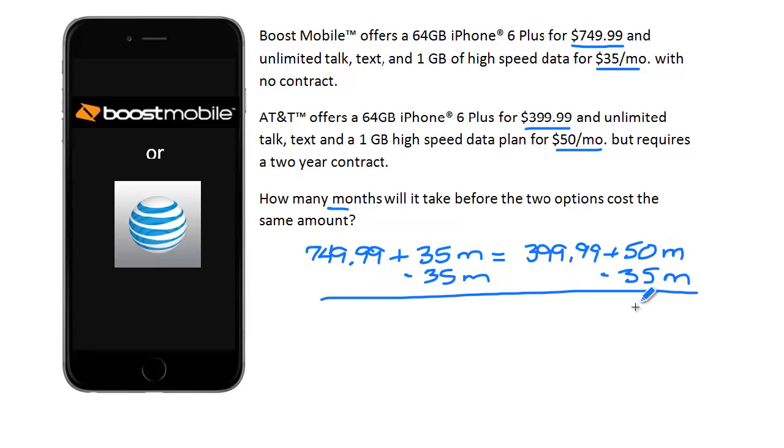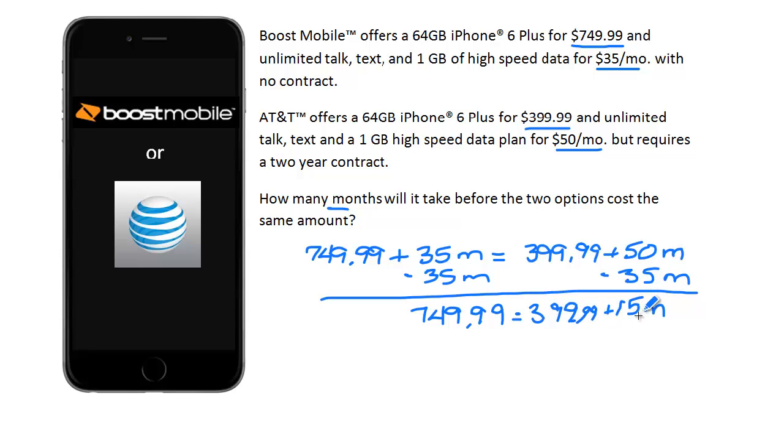But if you prefer to see them in two separate steps, that's good as well. So we have 15m here, and these are gone, and we are left with $749.99 equals $399.99 plus that 15m.